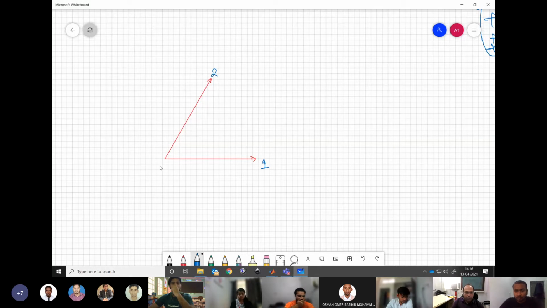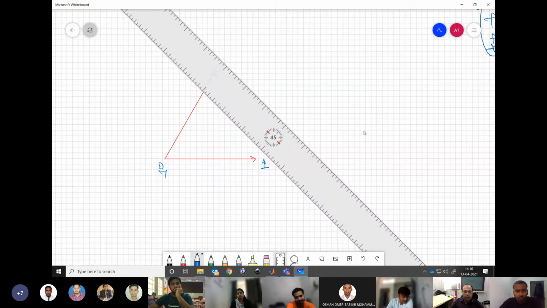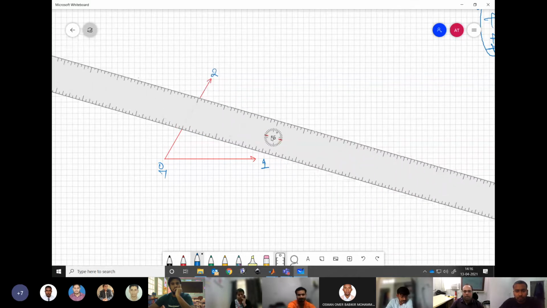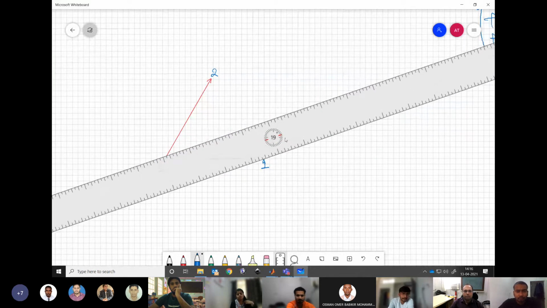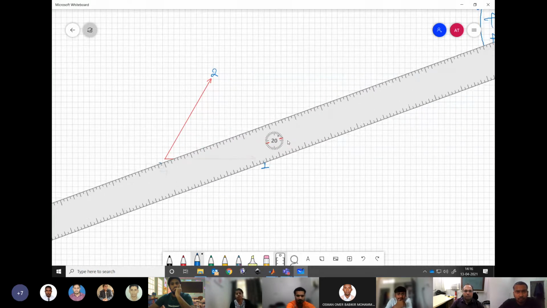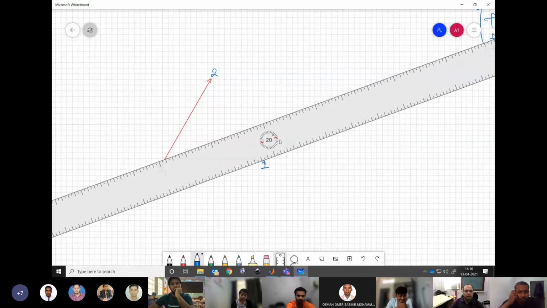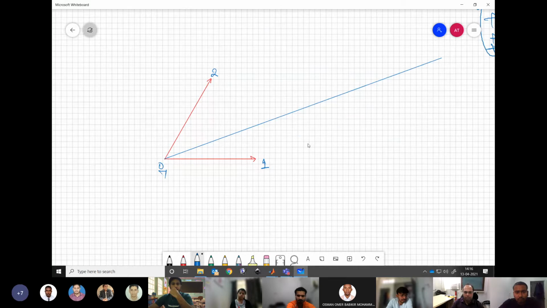Let's say this is vector 1, vector 2, we have vector 0, vector 7. And a vector, let us say at some 20 degrees, we are trying to realize some magnitude, let's say up to this, we are trying to realize this vector, which is Vs.